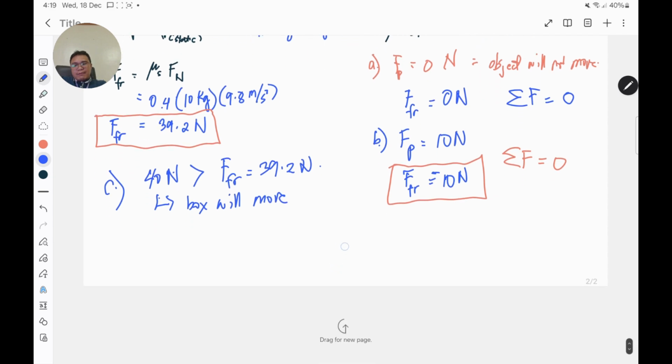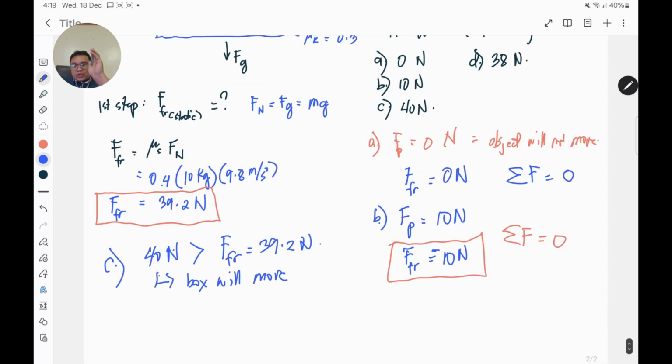Now that the box will move, I told you a while ago that if an object will move, it is not the static friction that governs this object anymore, but the kinetic friction. So in order to calculate the kinetic friction for this case, because the box is now moving, we need to apply the equation for the coefficient of kinetic friction, in which FFR is equal to mu K, or kinetic friction, times your normal force.